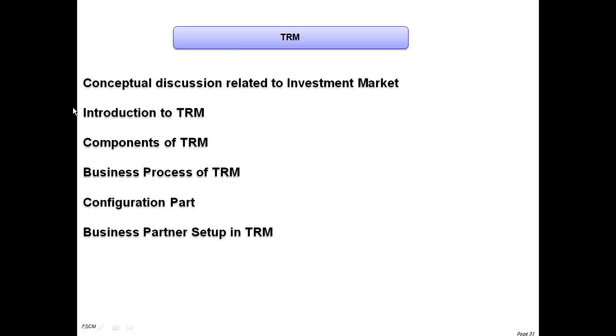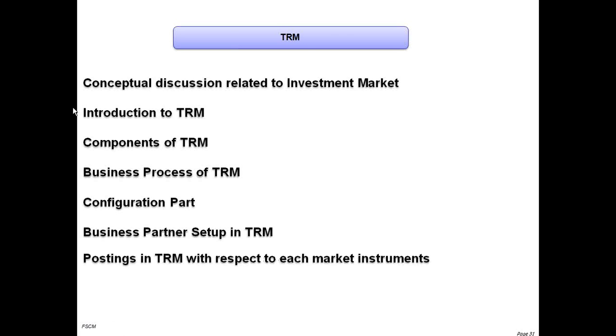So how to maintain different business partners? What are the configuration settings related to it here? In the previous modules, we never touched the configuration part, except the master data synchronization. But here, because of the concept and the business process we'll be discussing, we'll do business partner setup as part of the configuration.